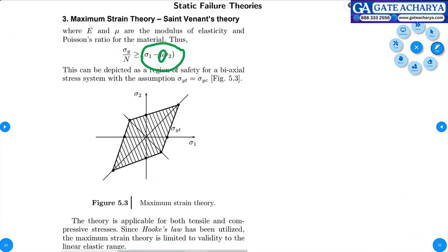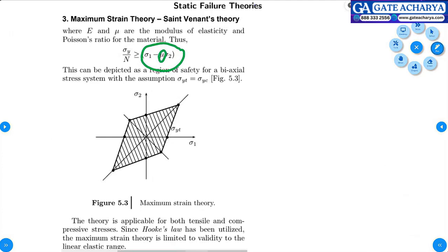If it goes beyond Hooke's law, there are two points for steel. One is called the upper yielding point, the other is called the lower yielding point. In between these two regions, this theory cannot be applied. So only within the proportionality limit you can apply this, because stress is coming into the picture as well as strain. So this is the design space.